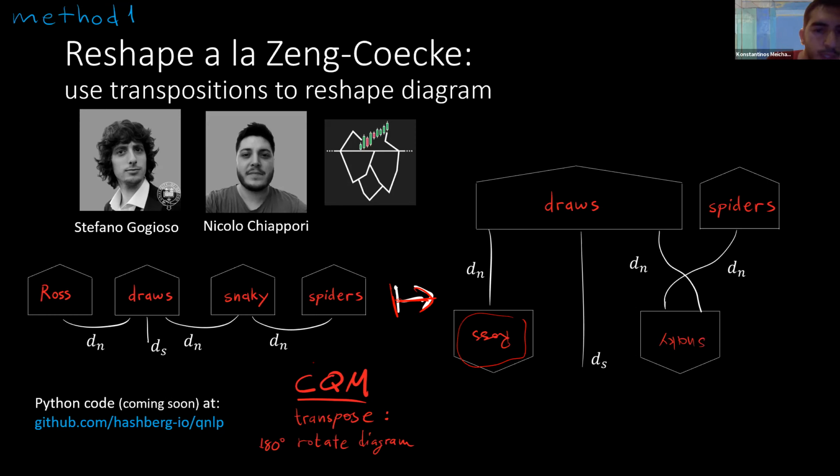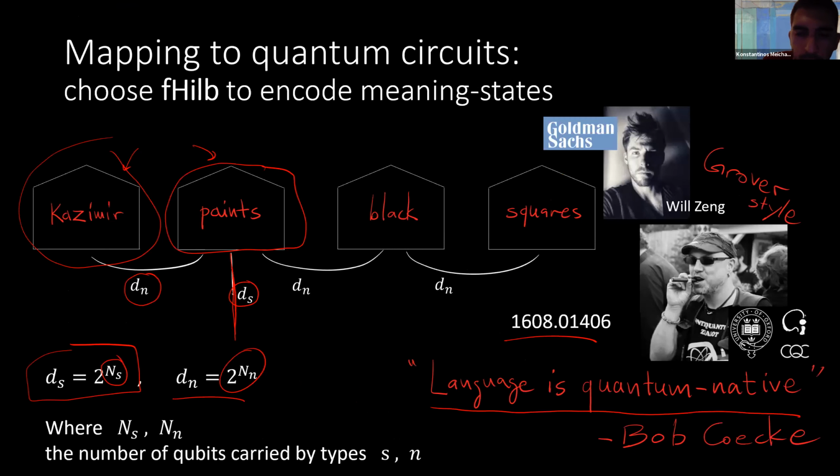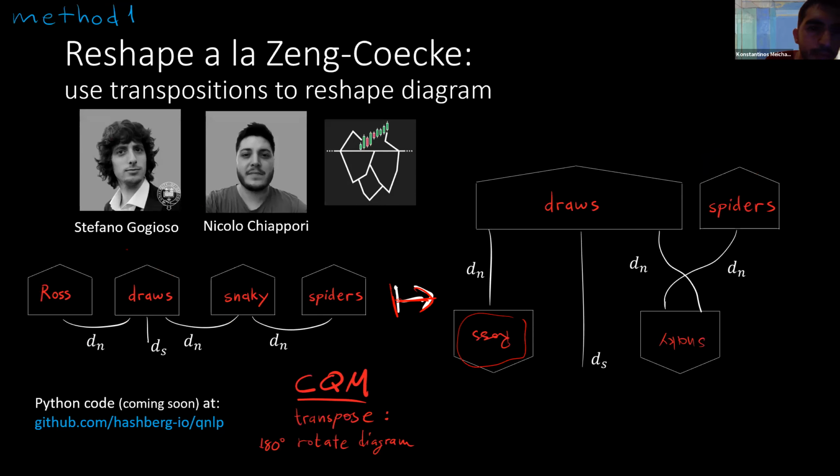This was stated in the original Zeng-Coecke paper, but these guys here, Stefano and Nicolo from Quantinuum, who are also co-authors on the first paper of the pipeline that I cited in the first slide, and this talk is about. What they did is generalize this to arbitrary sentences, because Zeng and Coecke did not produce code for it.